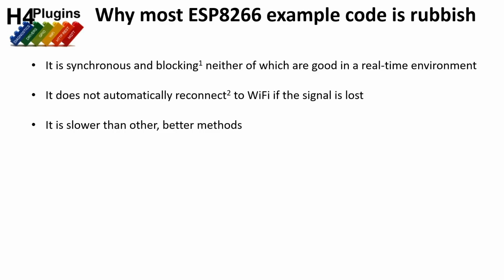Right. So what's the problem with me saying it doesn't automatically reconnect then? Under the covers it does, but your code can't tell that that's happened. So if your loop is doing something like regularly trying to access a remote website, that code is just not going to work. It's going to break.